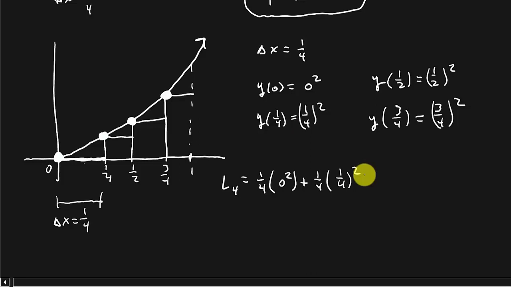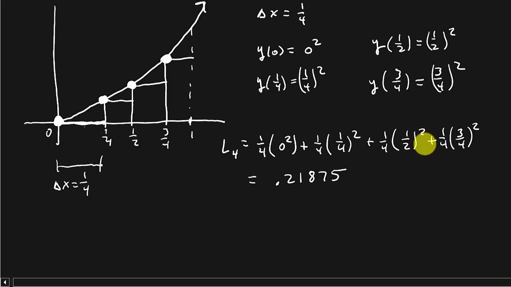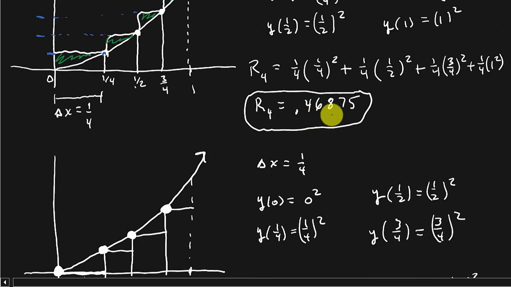See, there's the height we calculated, plus 1/4 times the height of this third rectangle, which is 1/2 squared, and then plus 1/4 times the height of the last rectangle, which is 3/4 squared. And so that's going to give us 0.21875. And you can see, look at the difference.